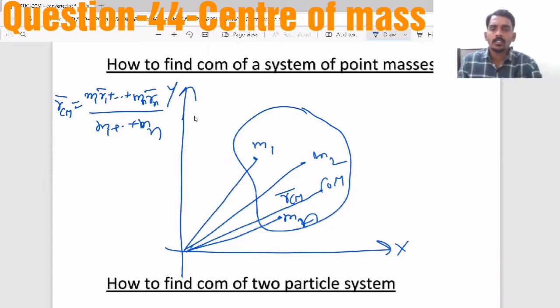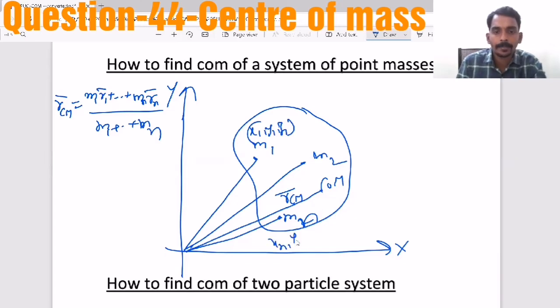So when they give the position vector, you can use this formula. But sometimes they will give the coordinates, like M1 coordinates are x1, y1, z1, M2 coordinates are x2, y2, z2, similarly xn, yn, zn. Then there is one xcm, one ycm, one zcm also.